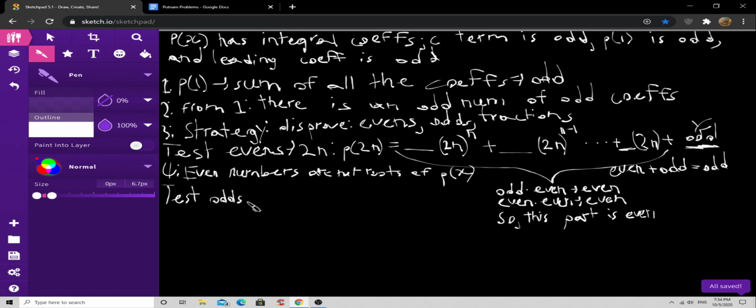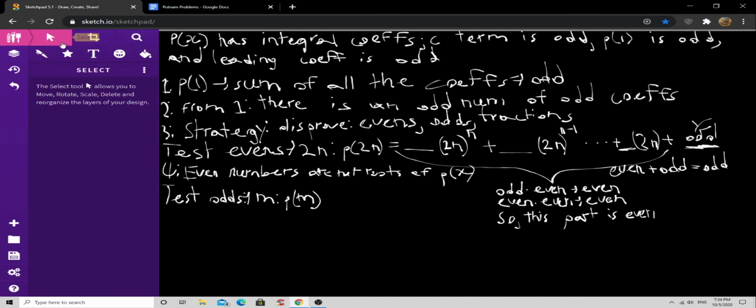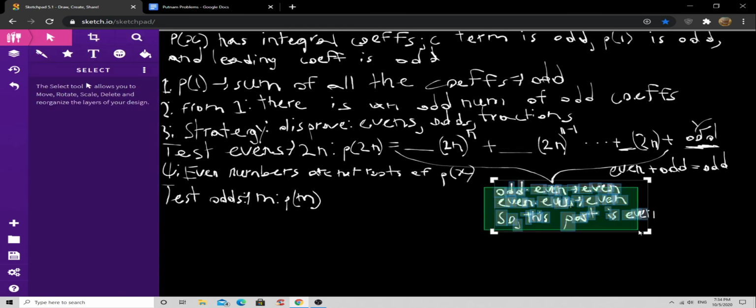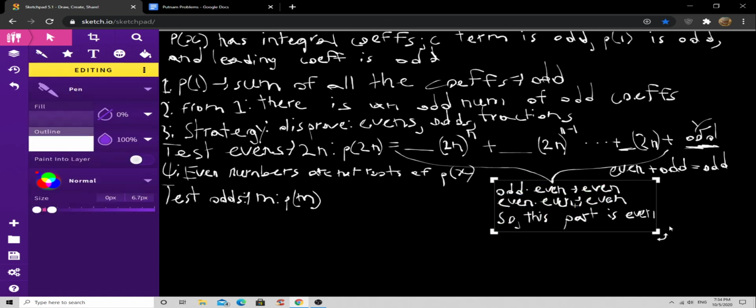Okay, so we'll just call the odd numbers m. Odd number m. So we just have p of m. I think, is there a select tool? I'll try just getting rid of this.